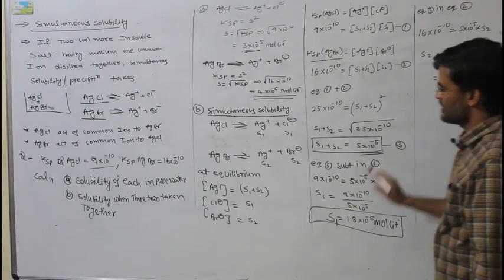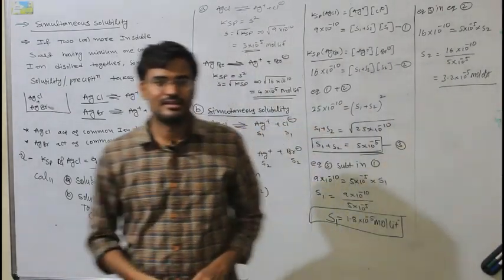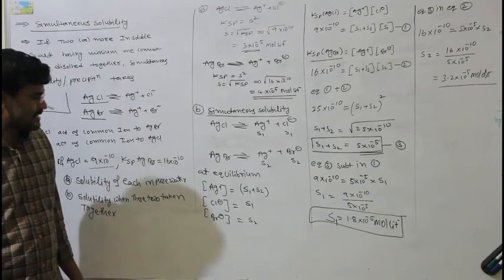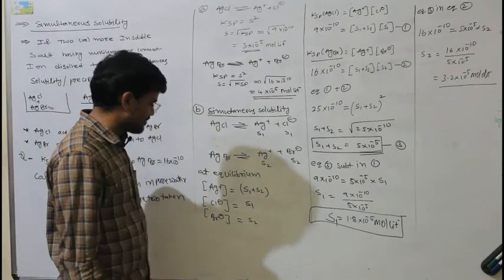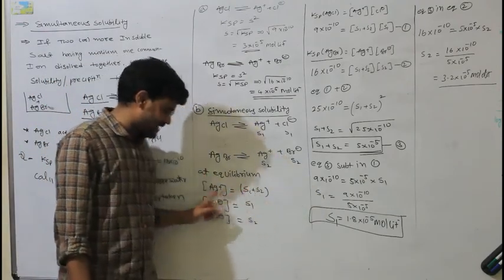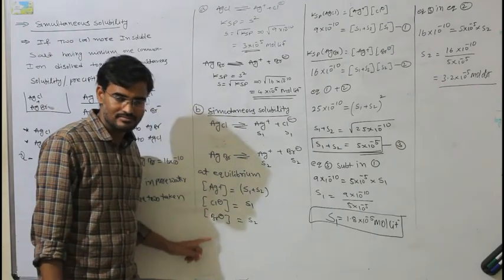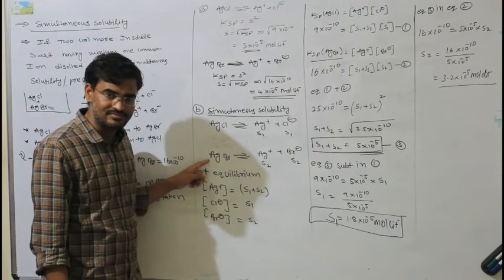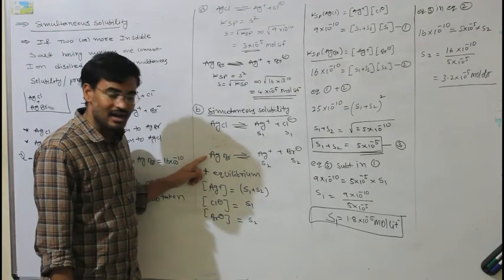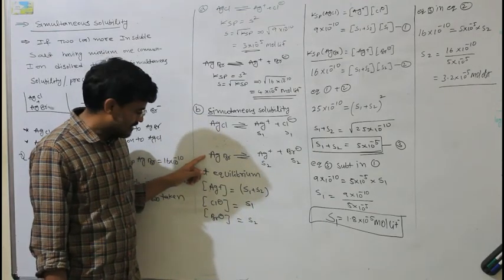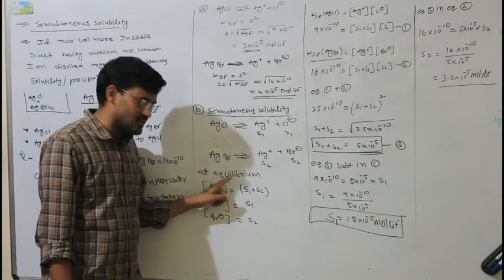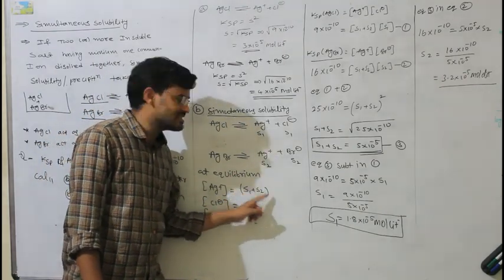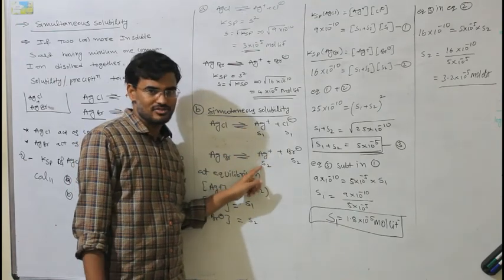In this manner we can proceed with the calculation of simultaneous solubility. Whenever a question comes based on simultaneous solubility, the most important point is what their concentrations will be at equilibrium. Which is the common ion in the given two salts? That common ion's concentration at equilibrium is to be taken as the sum of the concentrations released by both substances.